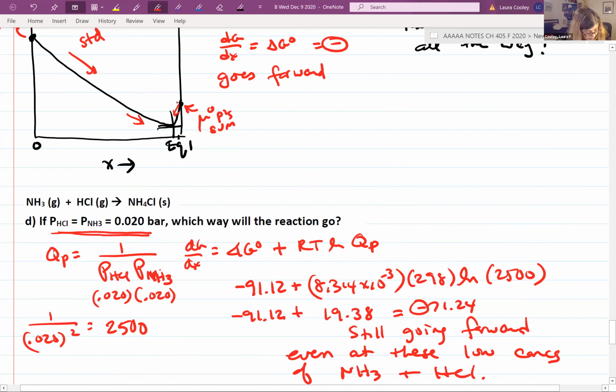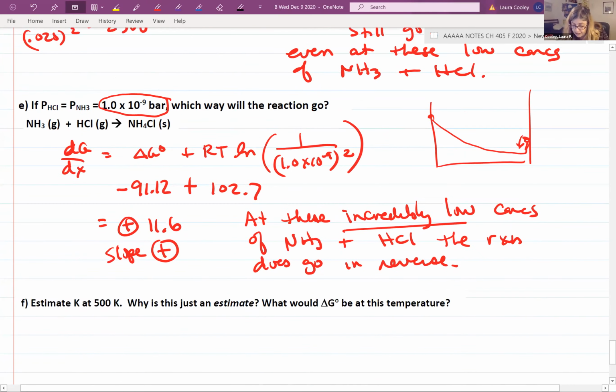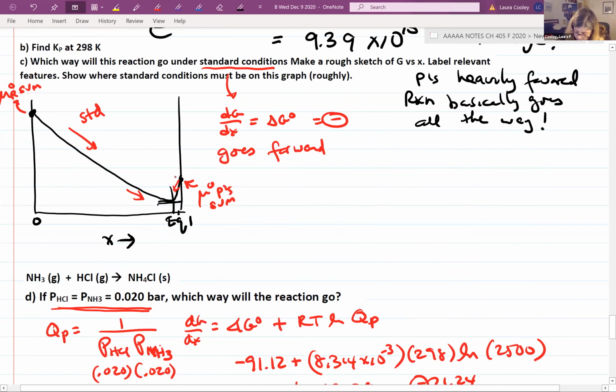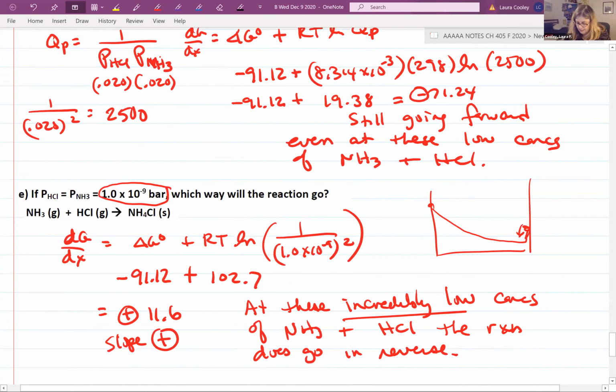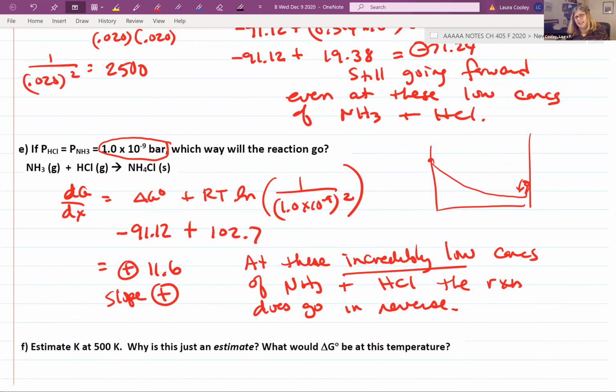This is from part, what part was that? Part E. Okay, so it's going backwards because it's at that very end there, when you have almost no reactants. Yes, it will go backwards.